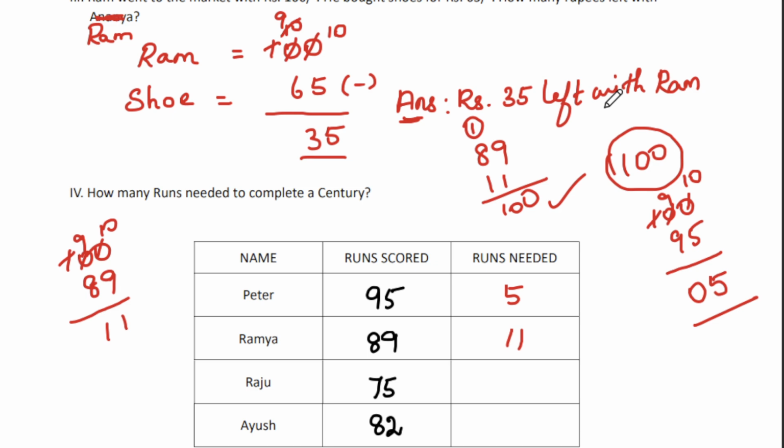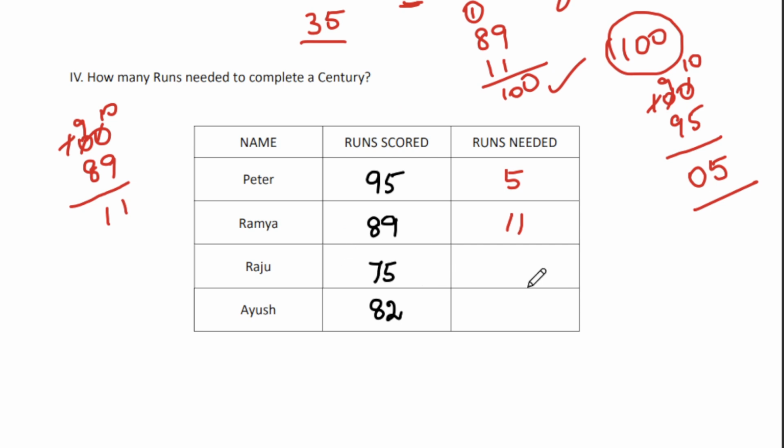Okay. So next we have Raju. Raju's score is 75. So again what you have to do, we have 100. You have to subtract 75. Again this becomes 9 and this becomes 10. 10 minus 5 is 5 and 9 minus 7 is 2, 25. So the answer is 25. Raju needs 25 extra runs to get the century.